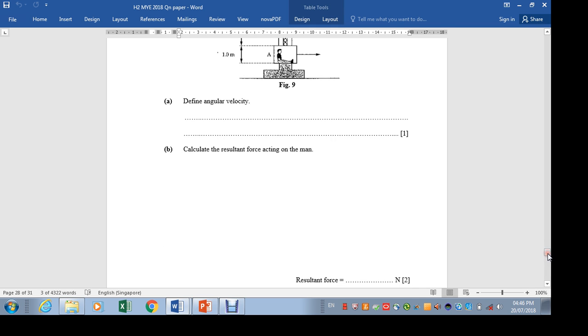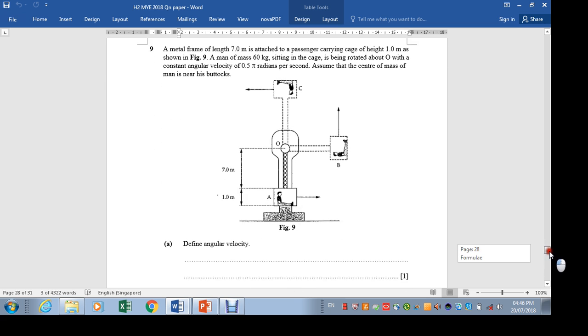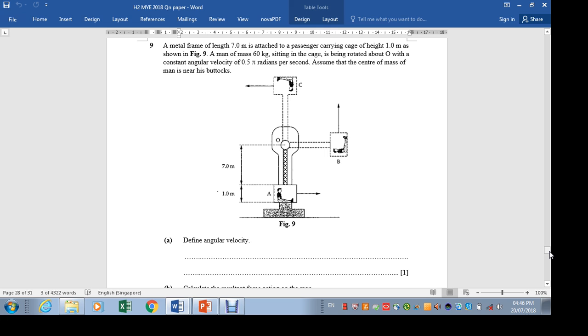9 part B, calculate the resultant force on the man. Here some students start to make mistakes. I think it's the last question, so timing-wise, not so nice. You need to read that it's a constant angular velocity. That means the man is moving at a constant angular velocity.